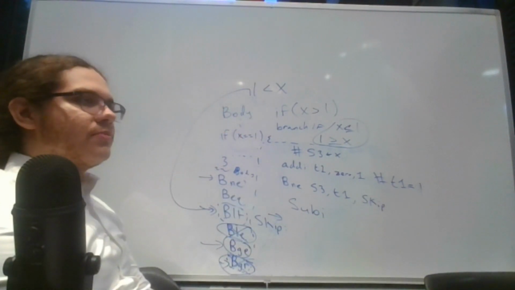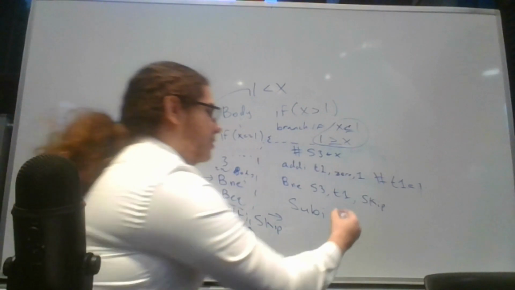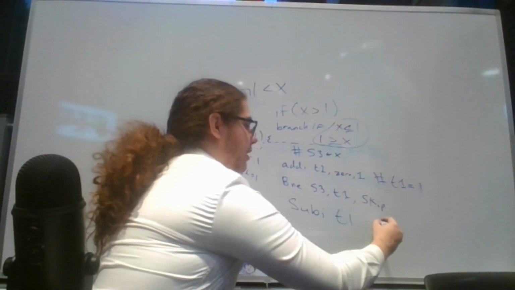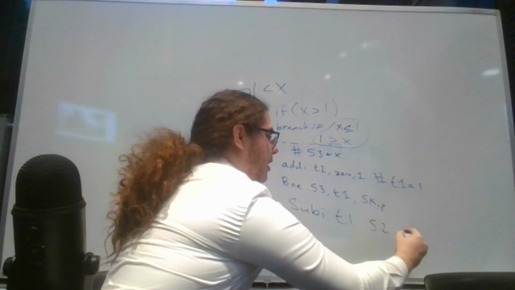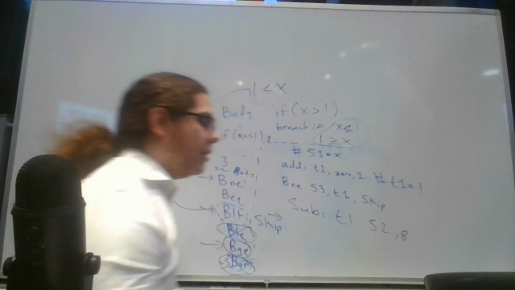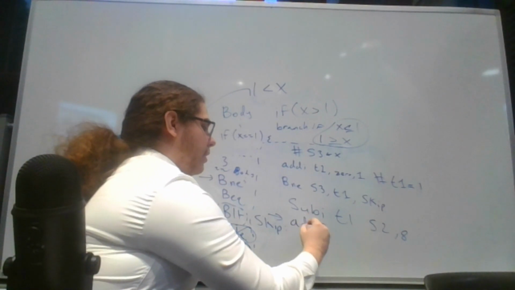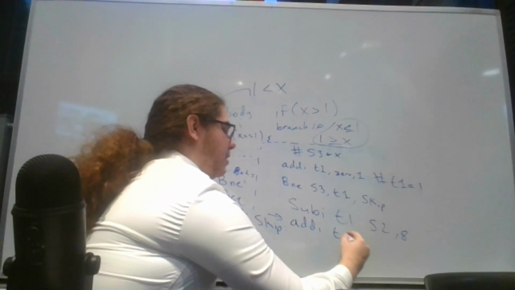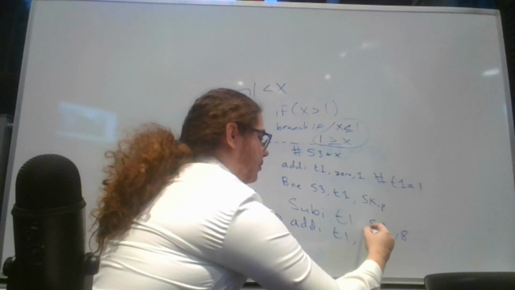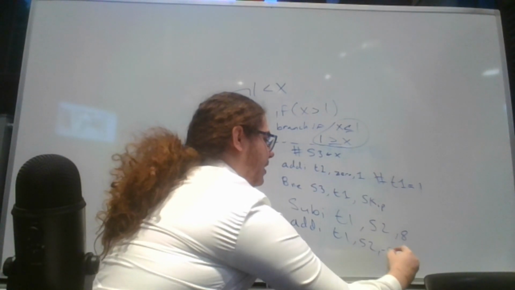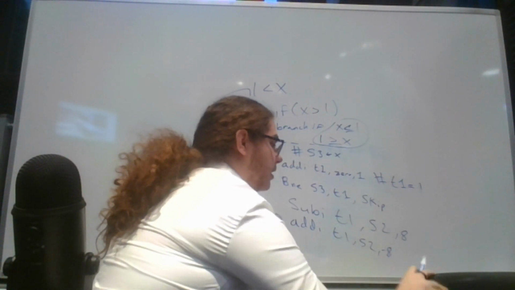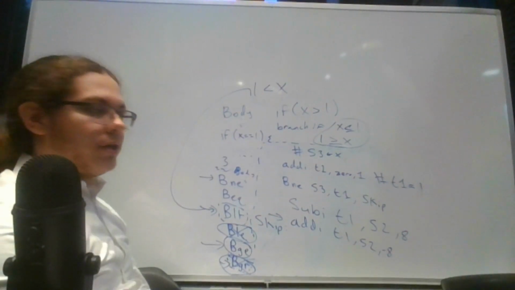Because let's say you wanted to subtract something. Let's say you want to take S2 and then subtract from it 8. So you wanted to do S2 minus 8 and store it in T1. Another way of writing that is you could just say add immediate T1 S2 negative 8, because we can specify negative numbers in our assembly code.